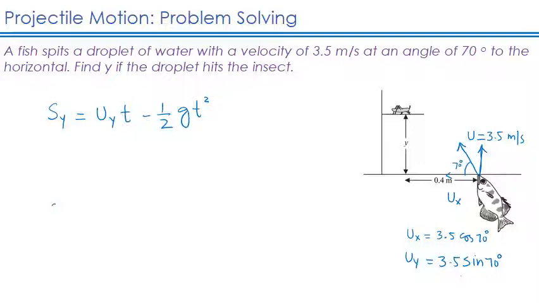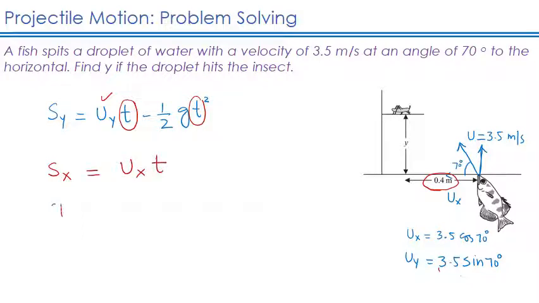Now the Sy we can only find if we have the value of t, because we know already what is uy. So how to find the time of travel? To find the time of travel, we can use the horizontal distance, and you know the horizontal distance is given by ux into t.